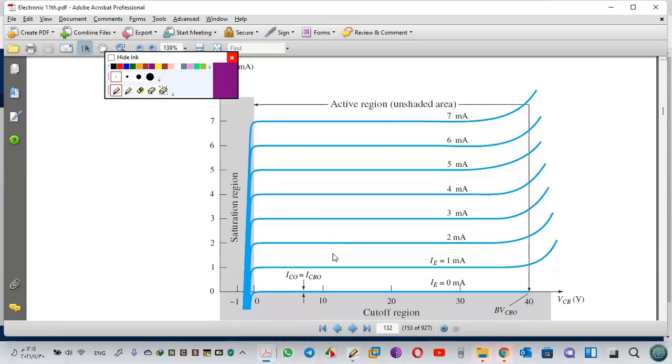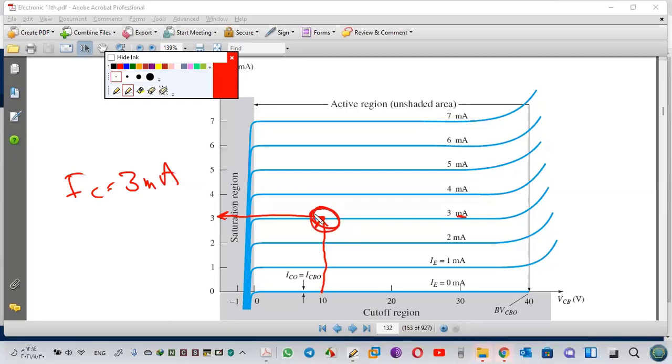So first of all, start with I_E, it's 3 milliampere. V_CB is 10. So I_C is 3 milliampere, and we are working in the active region. Is it clear? This is how we can use a graph to determine the values and where we are working, which is the region.